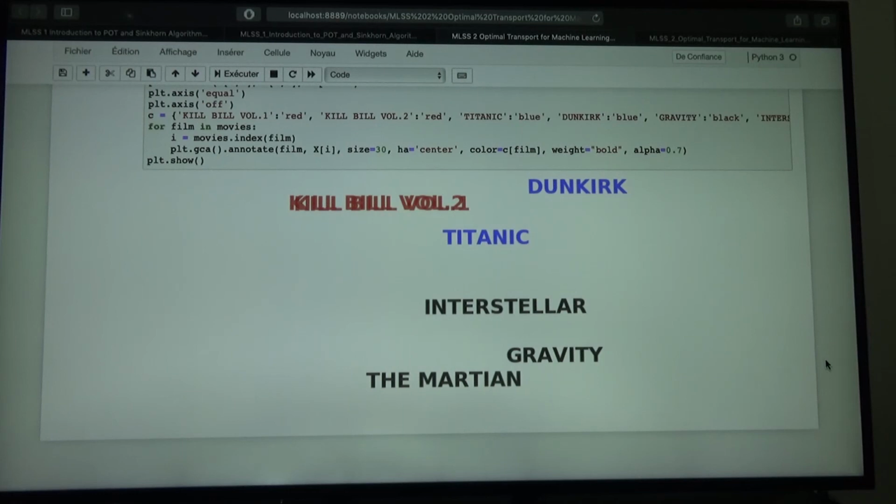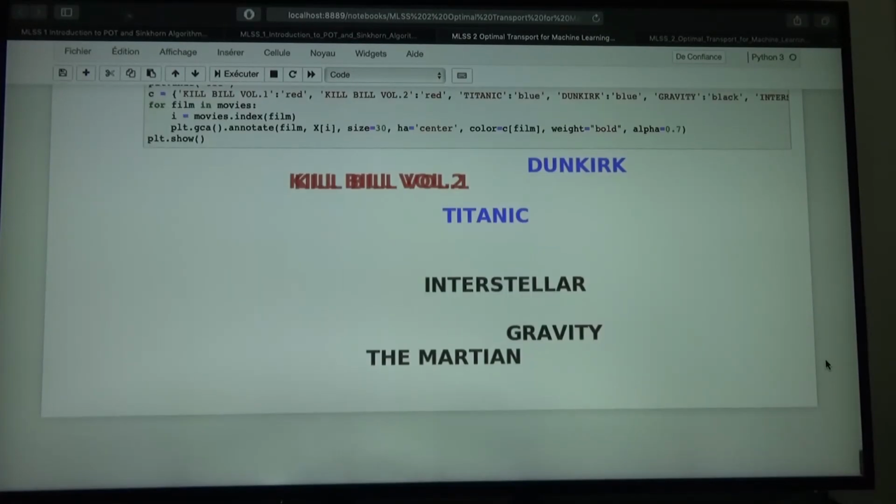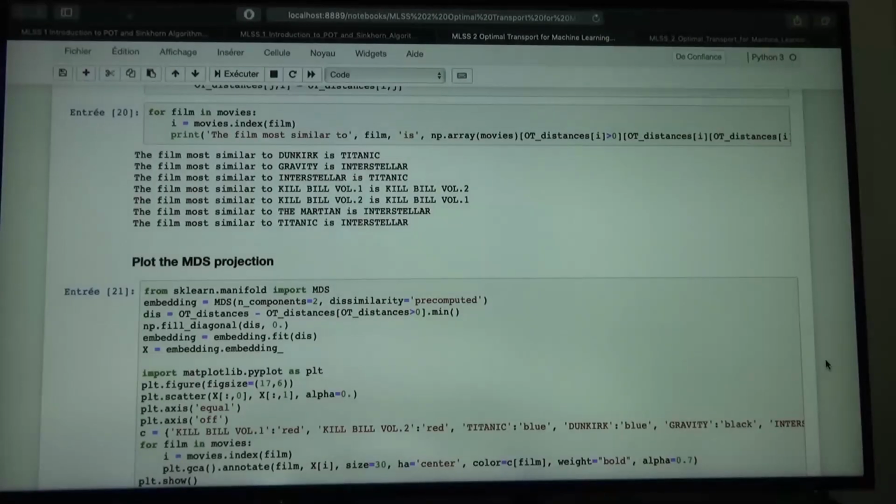But maybe they're together because they talk about the sea, the ocean, the boats, ships, etc. Okay, and so we see that by computing the optimal transport distance between 2 documents, we can get some distance between documents that has some semantic meaning.